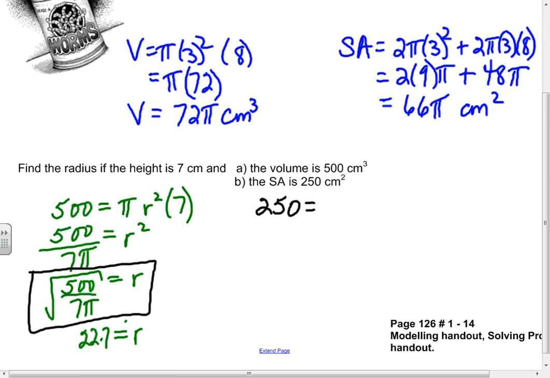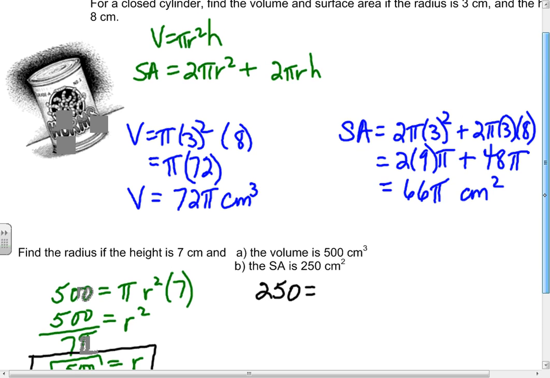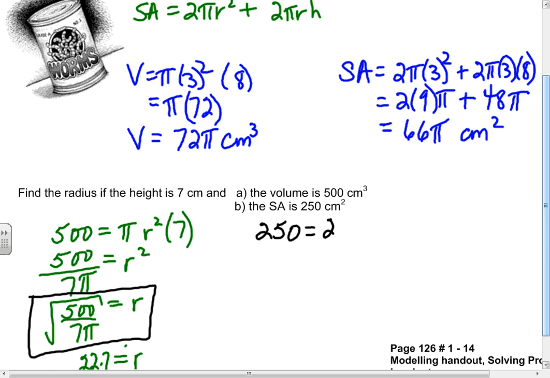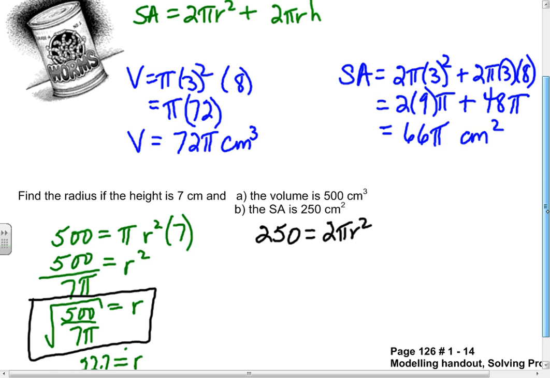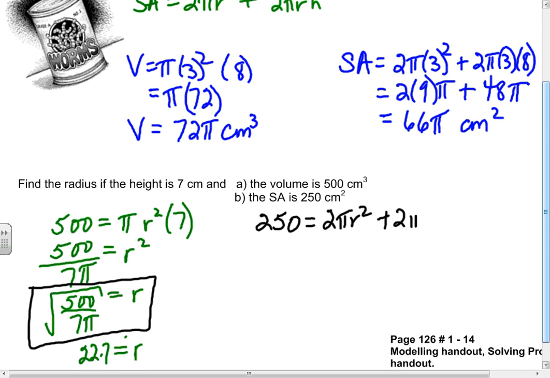So I need to put my 250 there, and 2 pi r squared, 2 pi rh. There we are, and I want to solve for r. So I'm going to divide both sides by 2 pi.